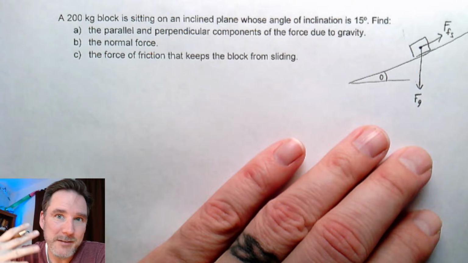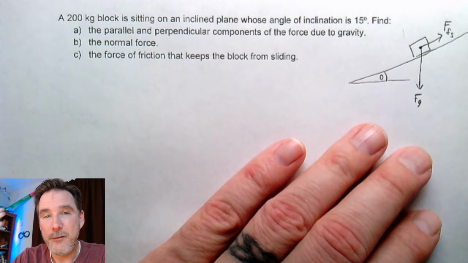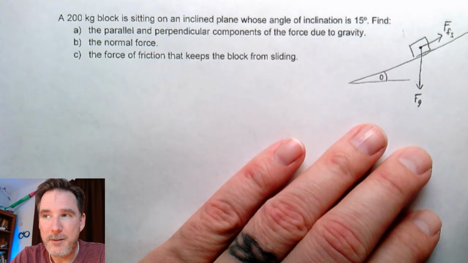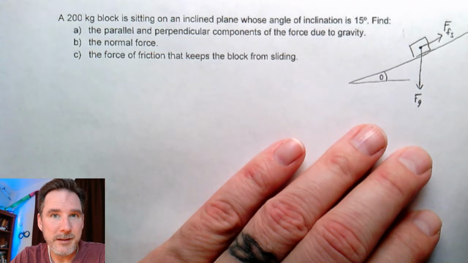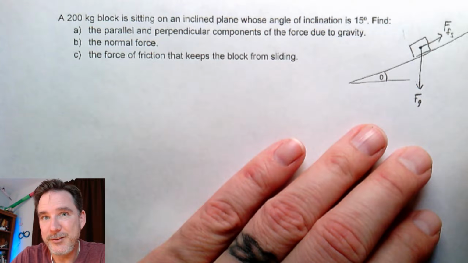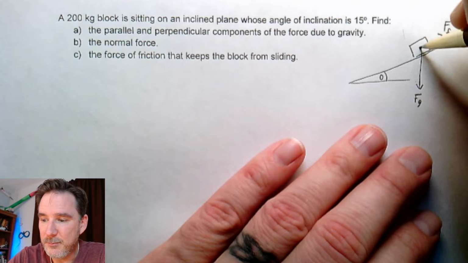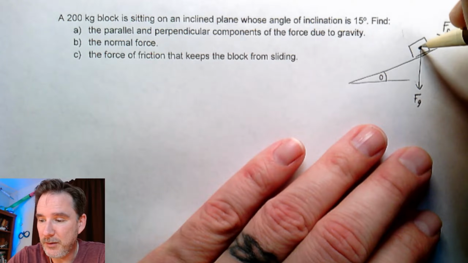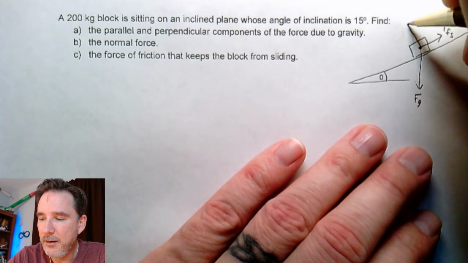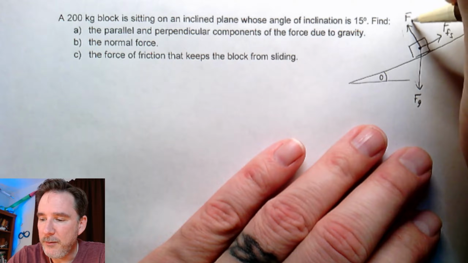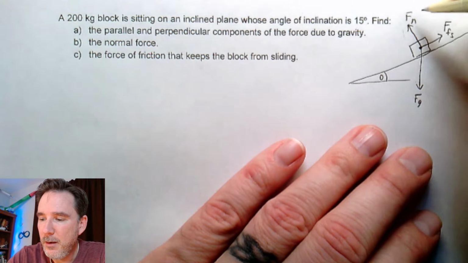This is not a flat surface, it's at an angle. And if you remember the definition, normal is something that's perpendicular to the surface. So our normal force in this case is going to be perpendicular to the surface, pointing away from it like that. Okay, so I'm going to put Fn for normal.